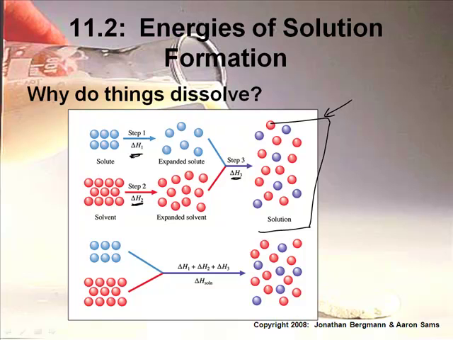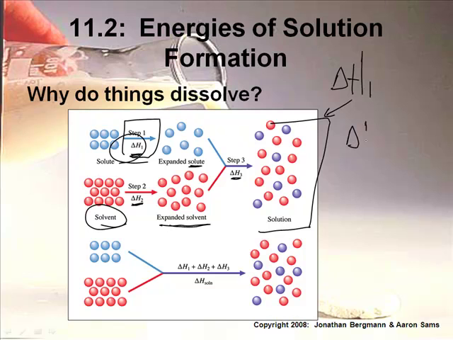Essentially, in step 1, or delta H1, you must have the solute expand or separate. That requires energy. That amount of energy we're going to call delta H1. You also need the solvent to spread out so it can make room for the solute. So it also needs to expand, and that is what we're going to call delta H2.